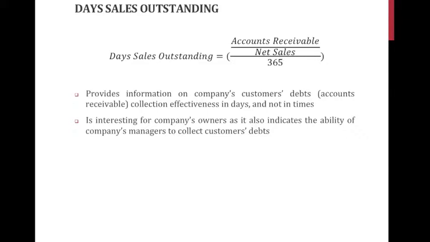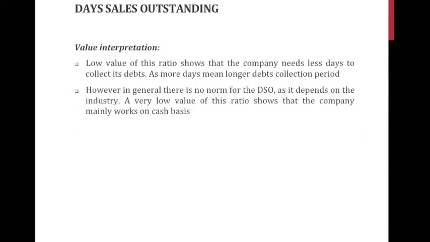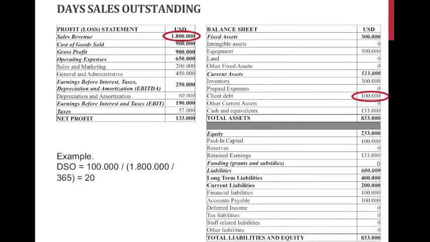So again, is the indicator good or bad? The value should be compared with our standard agreements with our clients. But in general, of course, a low value shows that the company needs fewer days to collect its debts, and that's usually a good parameter. Let's take our example of the profit and loss statement and balance sheet.